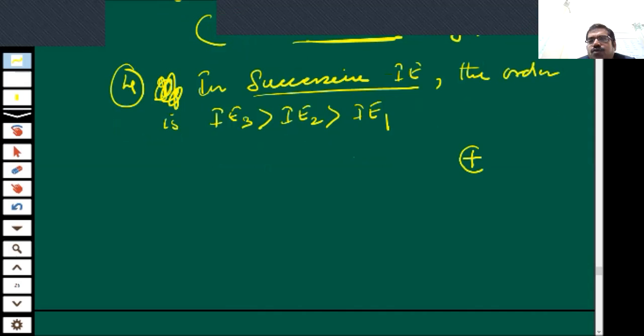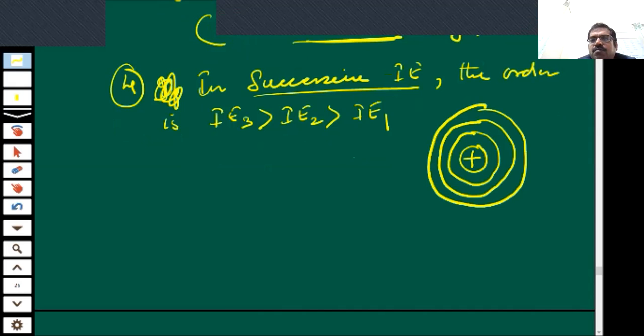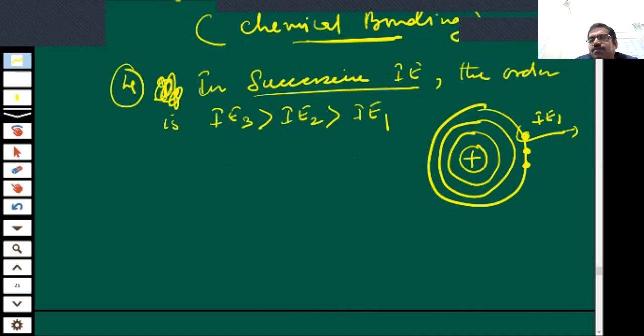From the same atom, suppose 3 electrons are there. So if we use energy to remove the first electron, it is known as IE1. And once you remove it, suppose in the first case you required 100 joule.